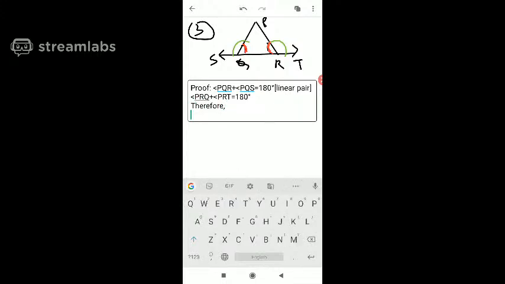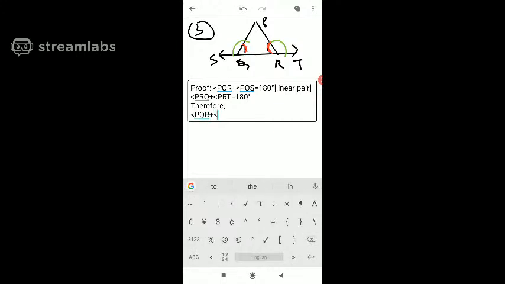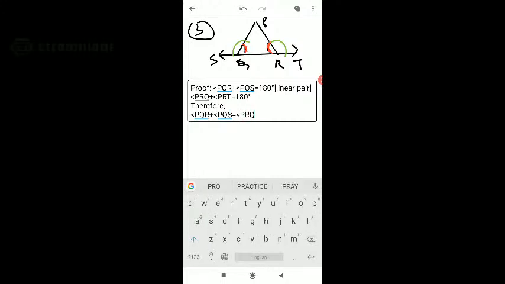Therefore we can write angle PQR plus angle PQS is equal to angle PRQ plus angle PRT.